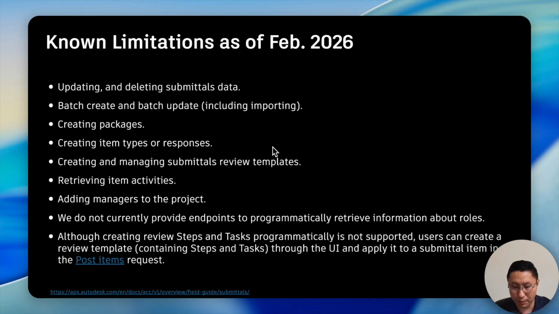It also doesn't support batch operations. And to highlight, we cannot create a review template, review step, and task using the API, but we can assign a review template when creating a submittal item. Then we can have a review step and task associated with the created submittal items.